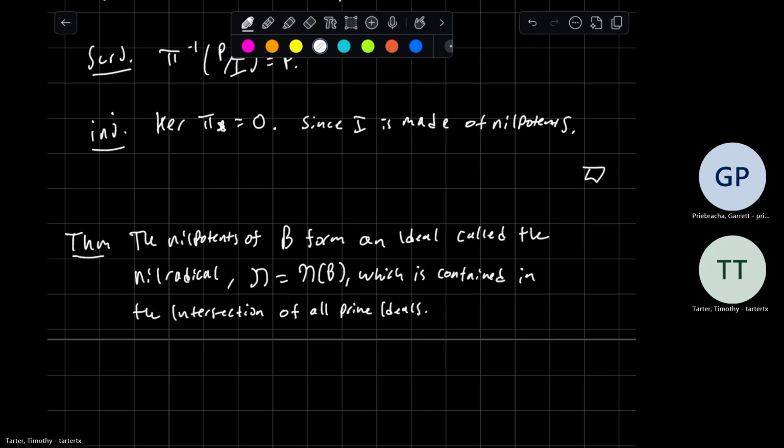Oh, and actually, which is the intersection of all prime ideals.